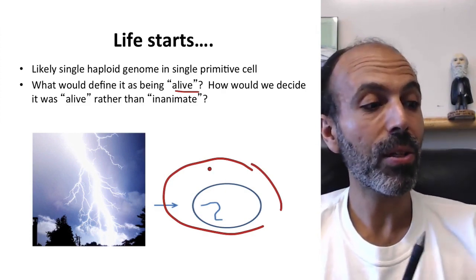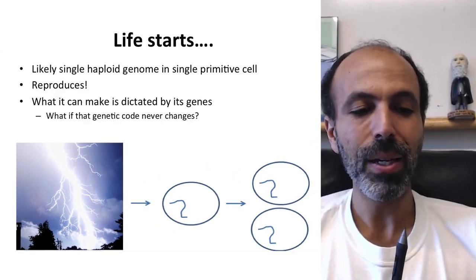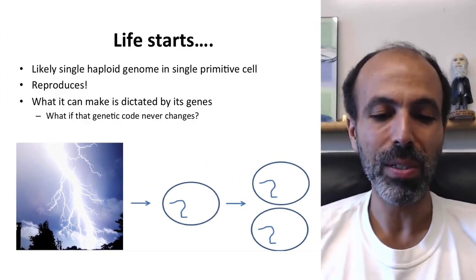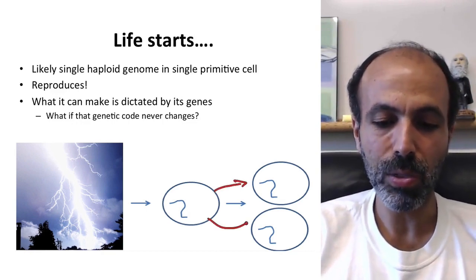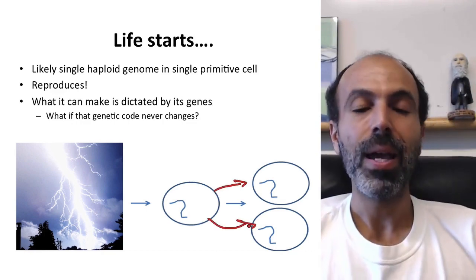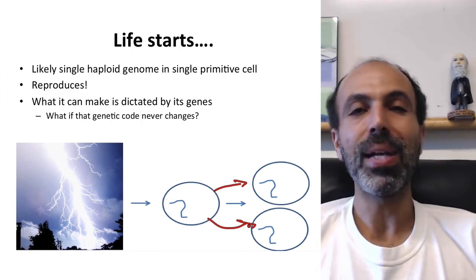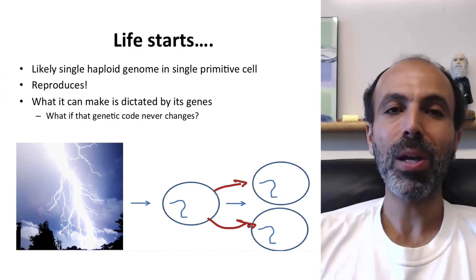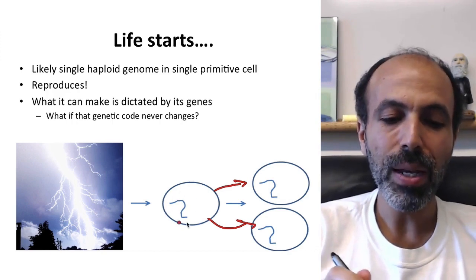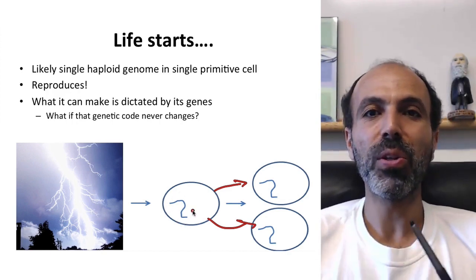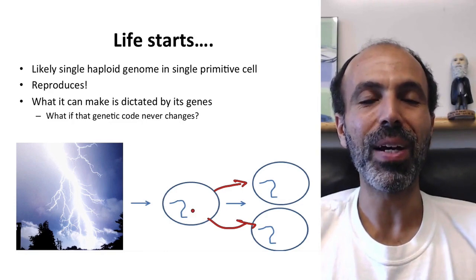Well, the most likely answer people would say is it replicates, it reproduces, that it makes another copy of itself. So this one makes these two other daughter cells. And what it makes will be dictated by its gene. Now let's imagine hypothetically that the genetic code that was found in that original cell never ever changed over the 3.5 billion years of time.